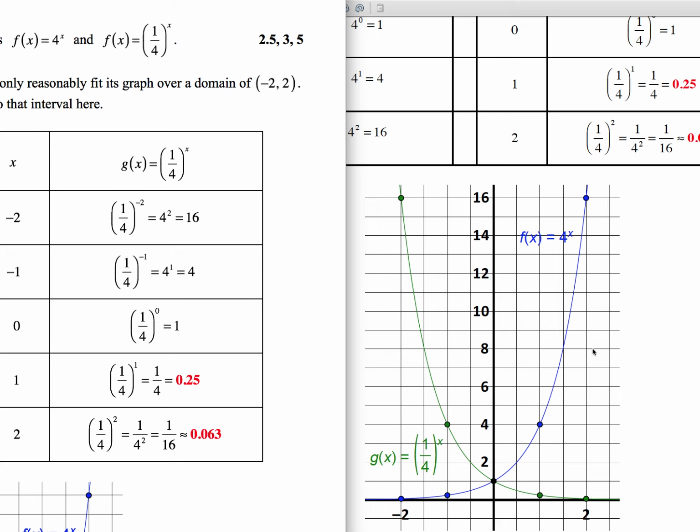And so just like we did in class with 2 to the x and 1/2 to the x, we have an increasing function for the base that's greater than 1, and we have a decreasing function for the base which is in between 0 and 1. And it increases and decreases at a much more rapid pace than the 2 to the x and 1/2 to the x, but the graph looks very similar.